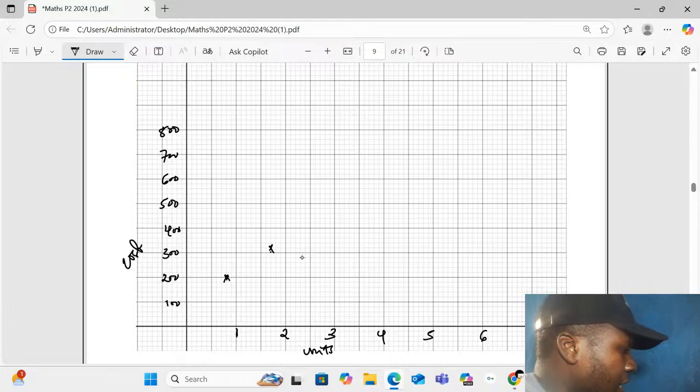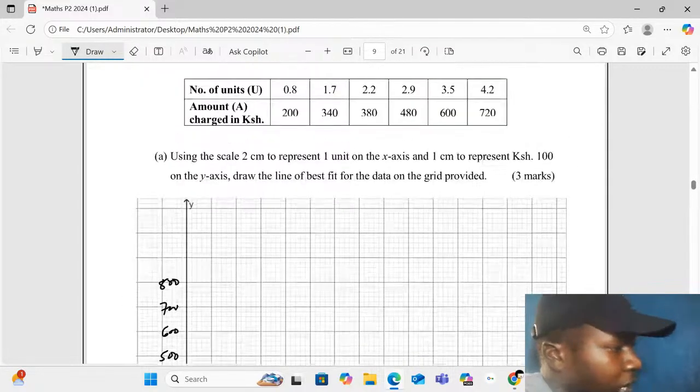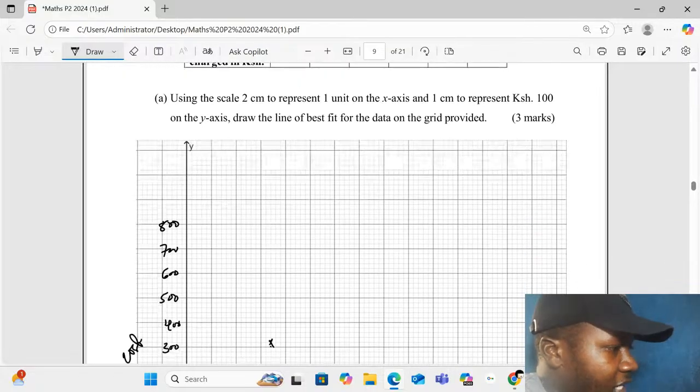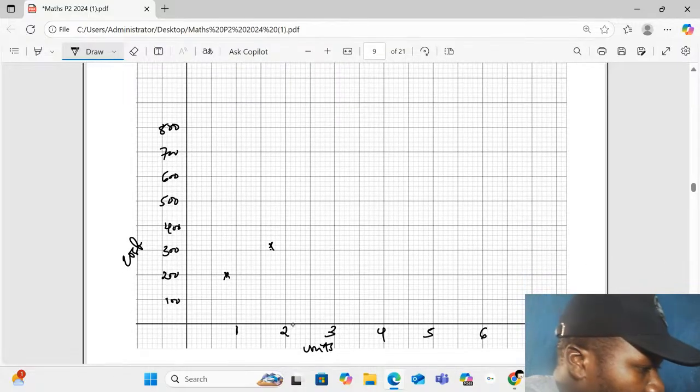Then 2.2 is 380, so 2.2 and 380 are somewhere here.